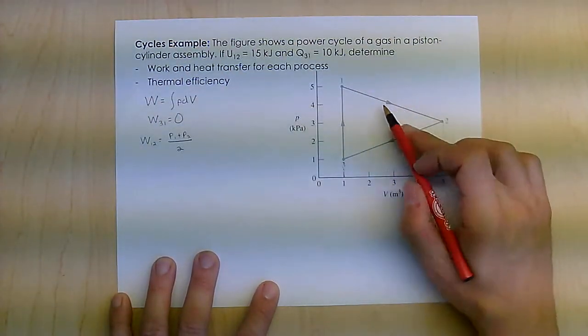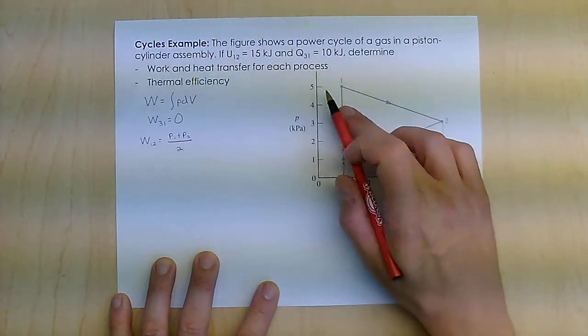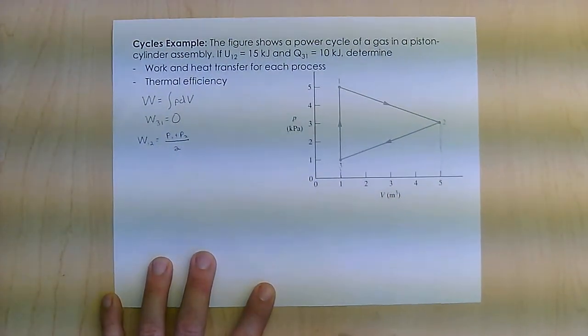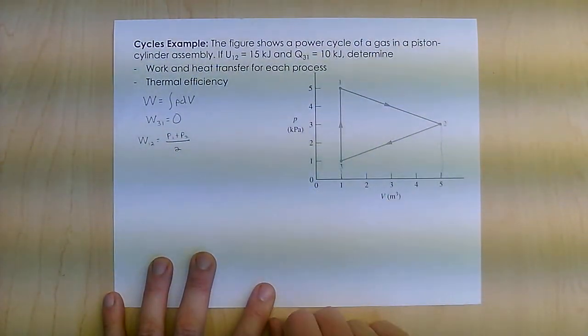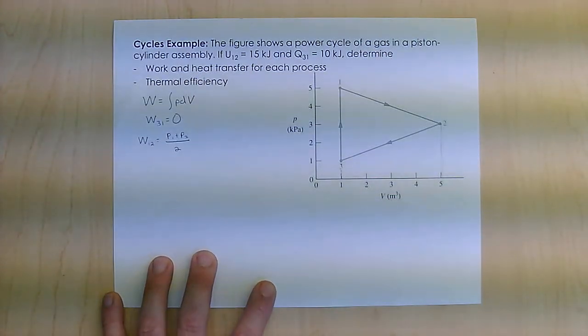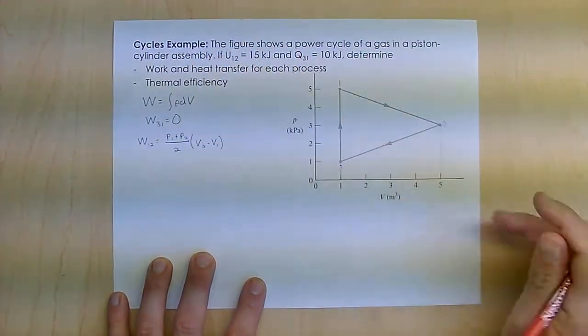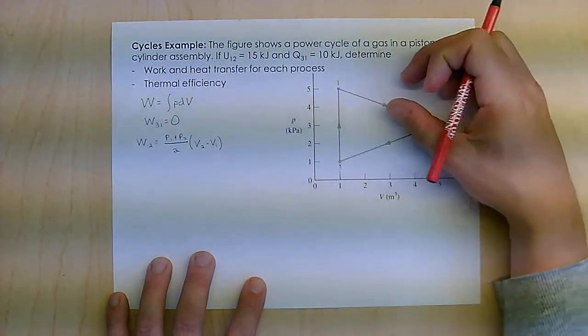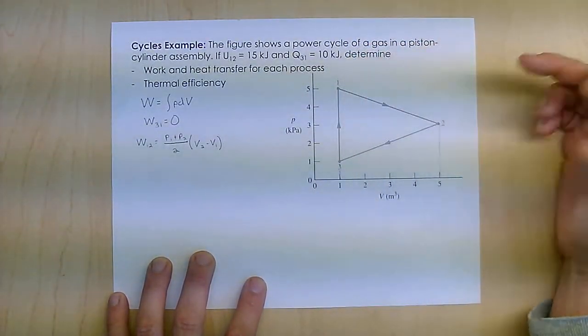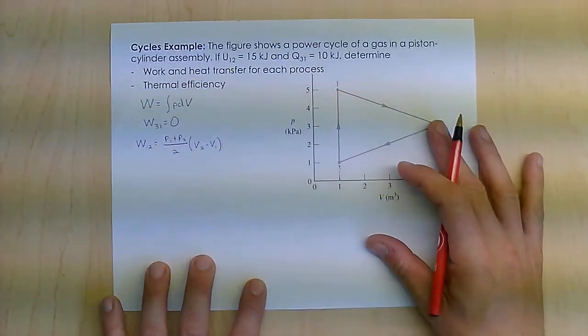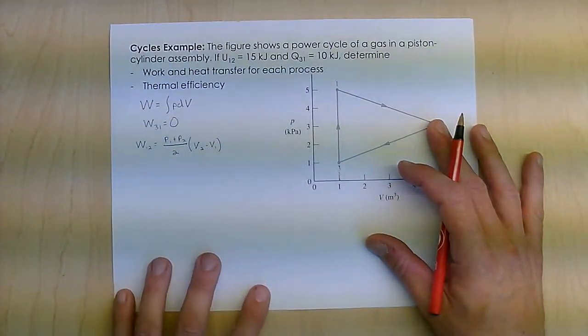That's essentially like P average between these two pressures, times the change in the volume, V2 minus V1. It's essentially base times the average height, which is the definition for a trapezoid.